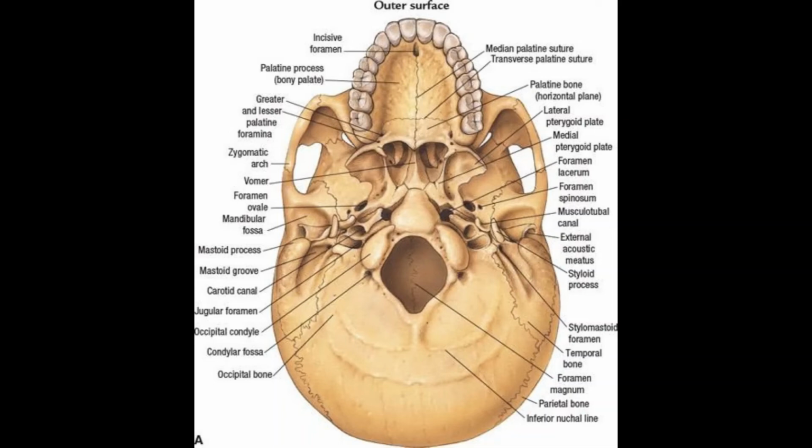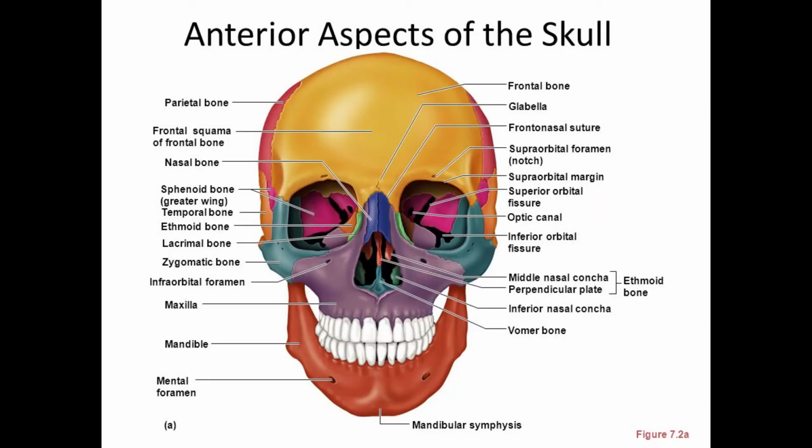A really good example of a foramen is in your vertebral column, in your vertebrae. There is a vertebral foramen through which the spinal cord passes. So when you look at a vertebra and you see that big open hole through the middle of all of them, that's so that the spinal cord can run through it.